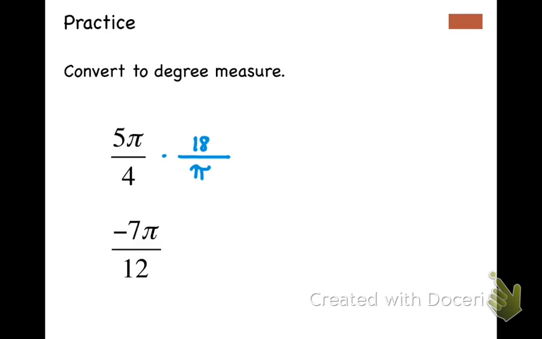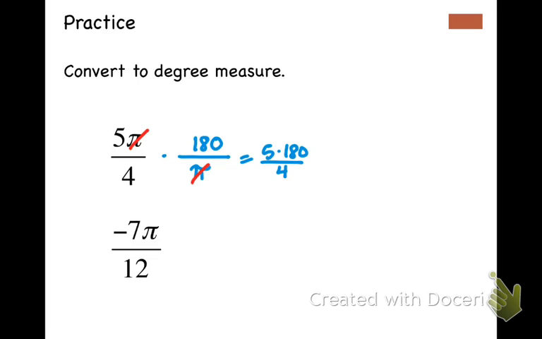So I have 180 over pi. And it is true, those pi's will cancel. So all I'm left with now is that 5 times 180 divided by 4. And just use your calculator to help you with this.